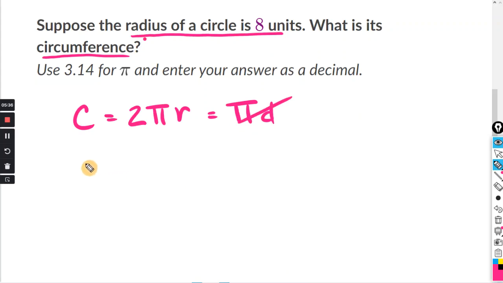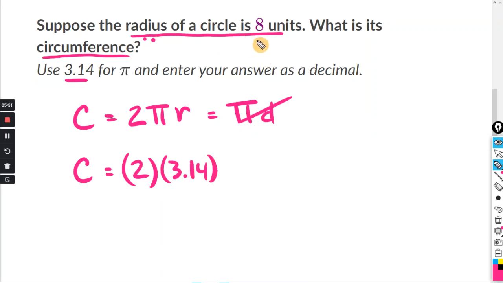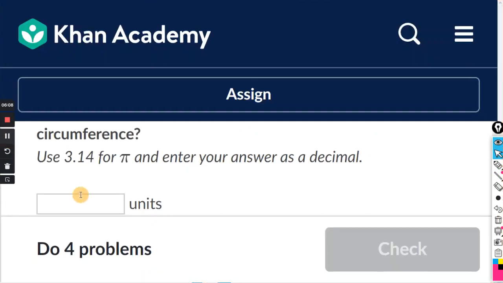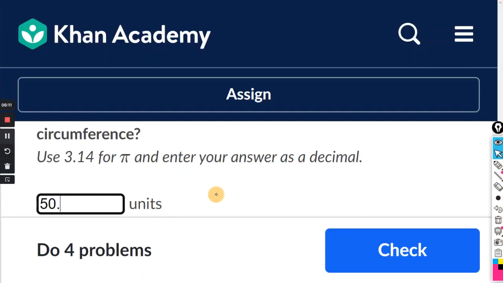So the circumference C is going to be 2 times pi, and again you want to use 3.14 for pi, times the radius, which is 8 units. So in place of r, that's going to be 8. Just multiply this on the calculator, and I get 50.24. So you just enter 50.24 in the box.